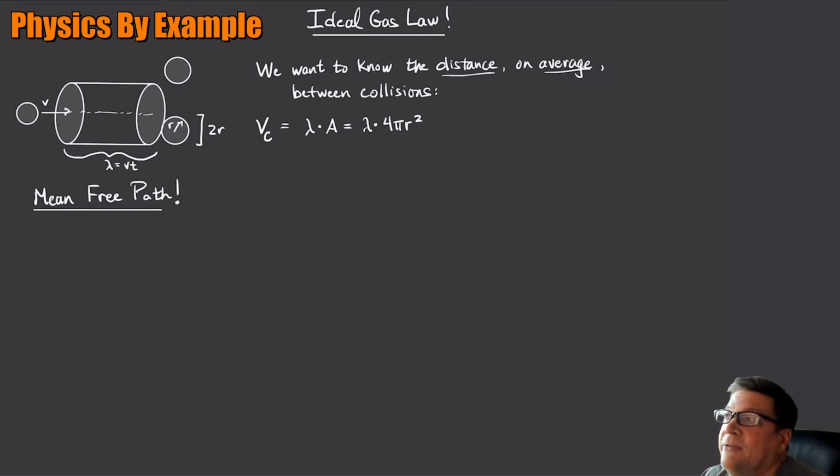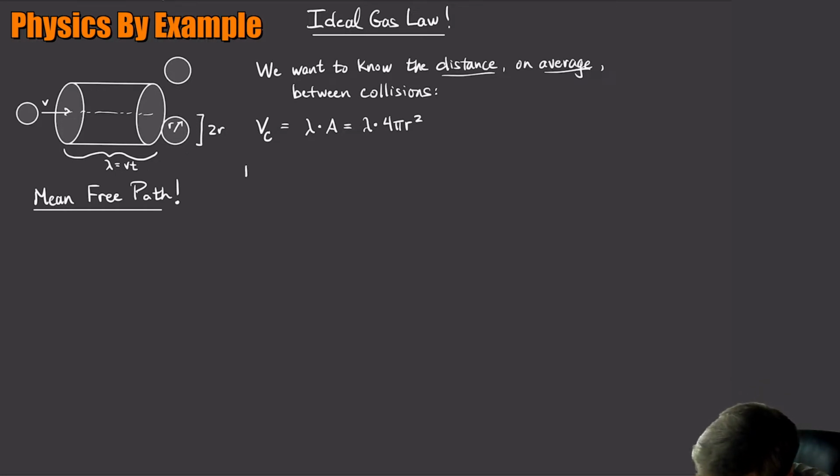That's the volume of this little tunnel before this particle hits another particle. Now, in this tunnel of a certain size, how many particles are going to be in that tunnel? Let's think about that.